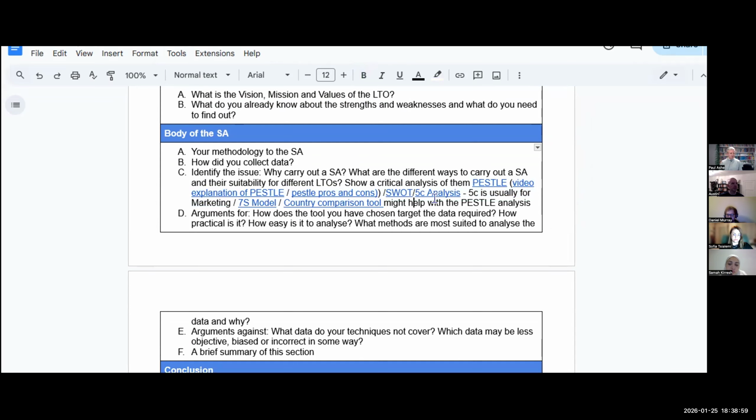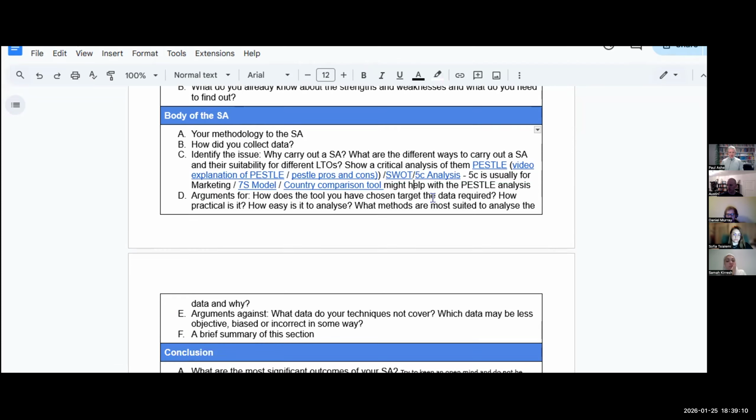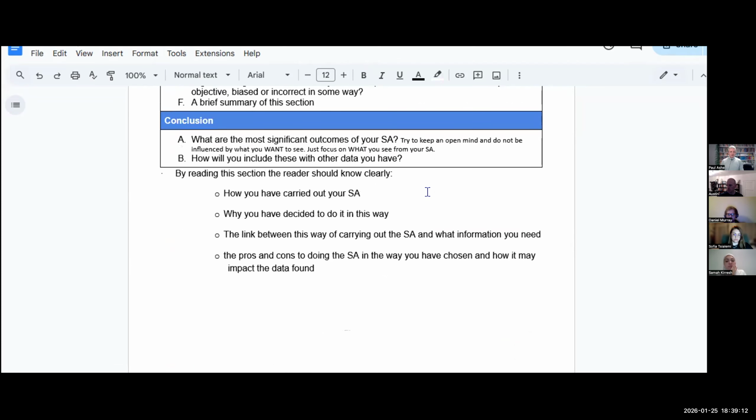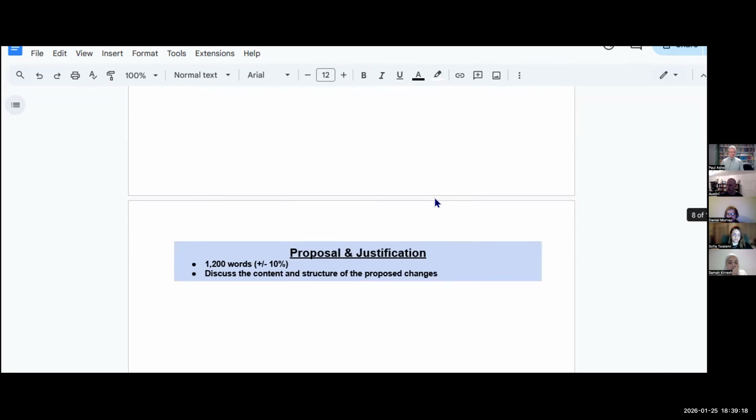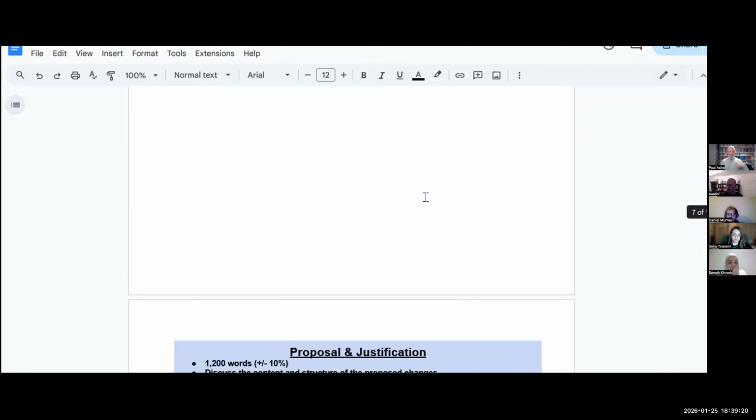Depending on what you're going to be focusing on, your conversation with me or with your tutor would be, right, okay, what would be the most appropriate here, okay? And then conclusion, just remember just that section. If we move on, then we've got the proposal and so on and so forth.